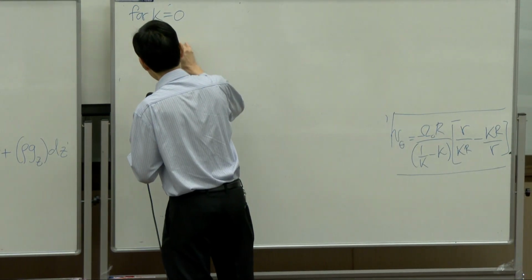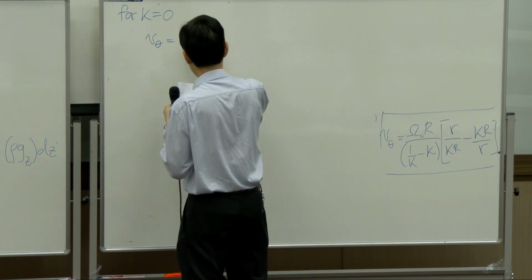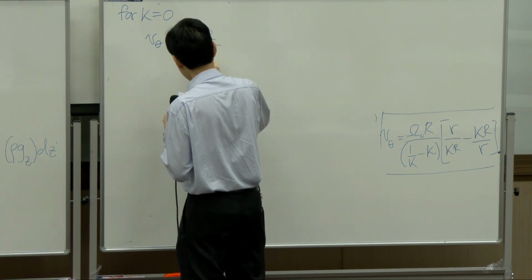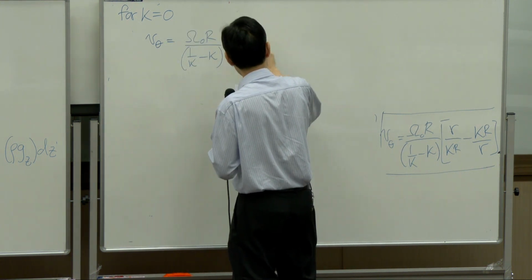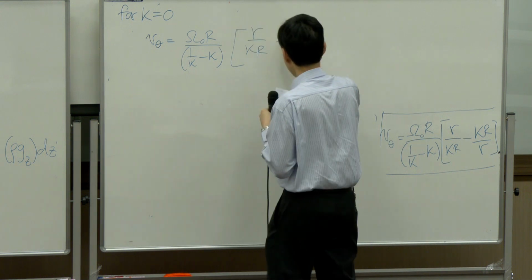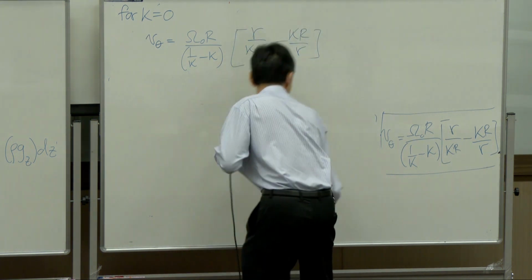So from V theta equal to omega 0 R times 1 over K minus K, r over capital R minus capital R over r.